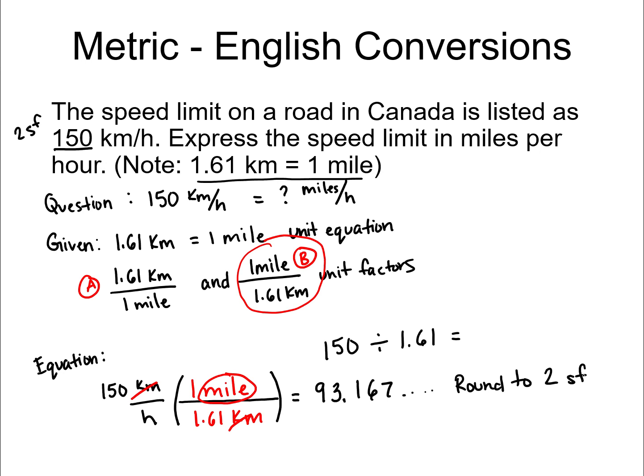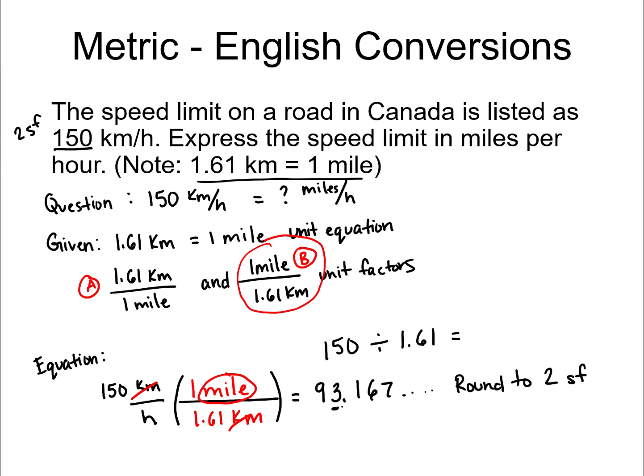With these metric to English and English to metric conversions, you will have to consider sig figs and rounding, just because it's not going to be a pretty even number with the same number of significant figures at the end. The metric works beautifully. Metric to English, kind of messy.